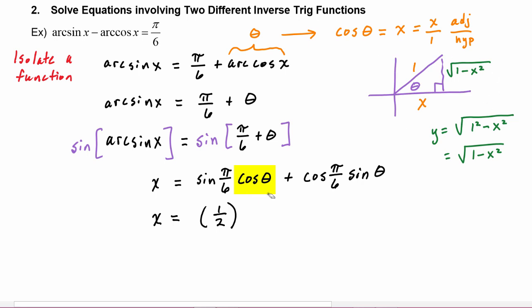We know cosine theta will be adjacent leg divided by hypotenuse, so x divided by 1 is x, plus, now we have cosine of pi over 6 is radical 3 over 2, and then we have to take that times the sine of theta, which in our picture will be opposite leg divided by hypotenuse, so that's going to be radical 1 minus x squared.